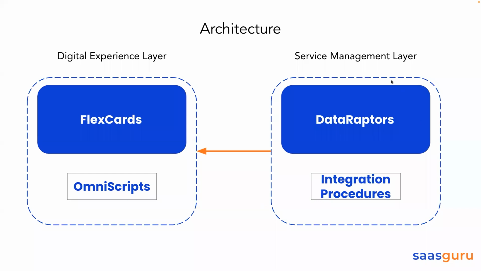That's important for me, that you can integrate these, implement them, merge them, just something important. FlexCards and OmniScripts use data from data raptors and integration procedures to visualize contextual information for the record that we're on. It could be an account, it could be a contact, right? So our customer and the data that they have. This is what we use to provide the information visually here.